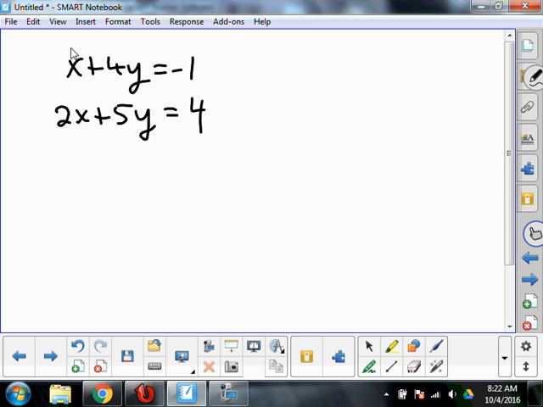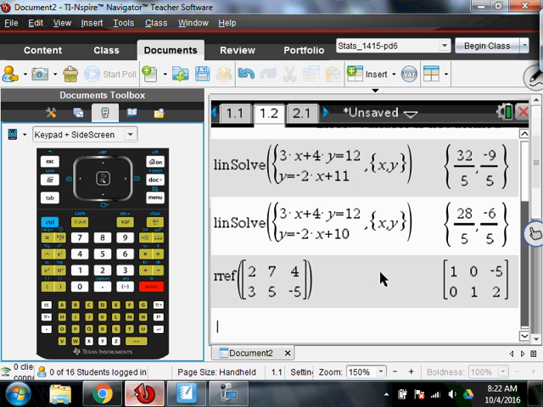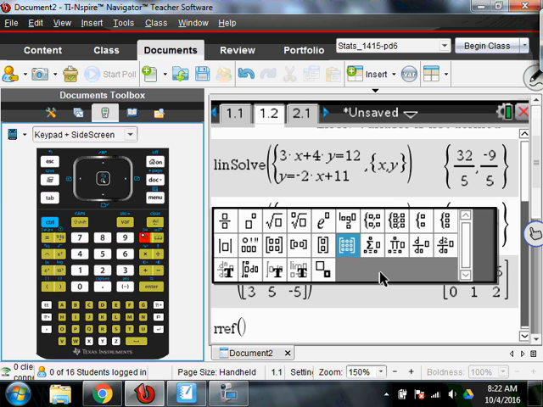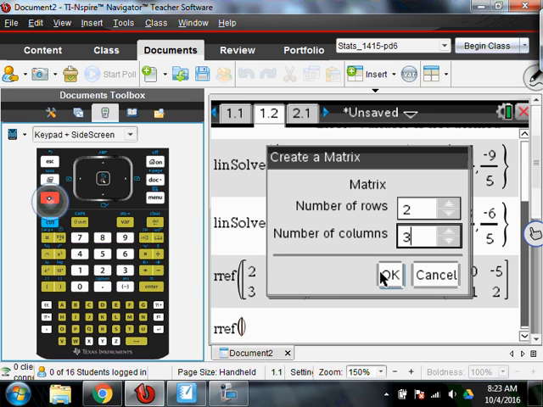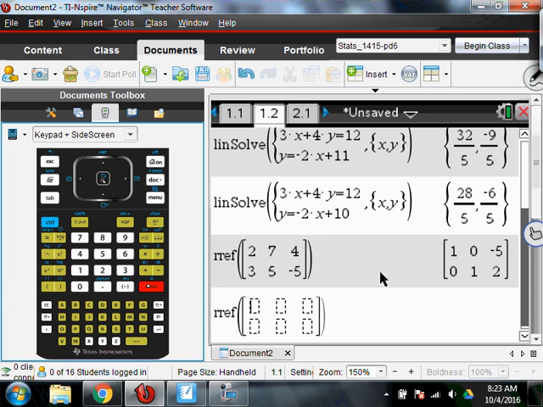So how do I go about starting this? Put it into a matrix? No, I don't think I'd put it into the matrix yet. RREF, I just type R, E, F, left parenthesis. How do I get my matrix? Hit the math palette button, go to the 3 by 3, make it a 2 by 3, and we enter our coefficients.